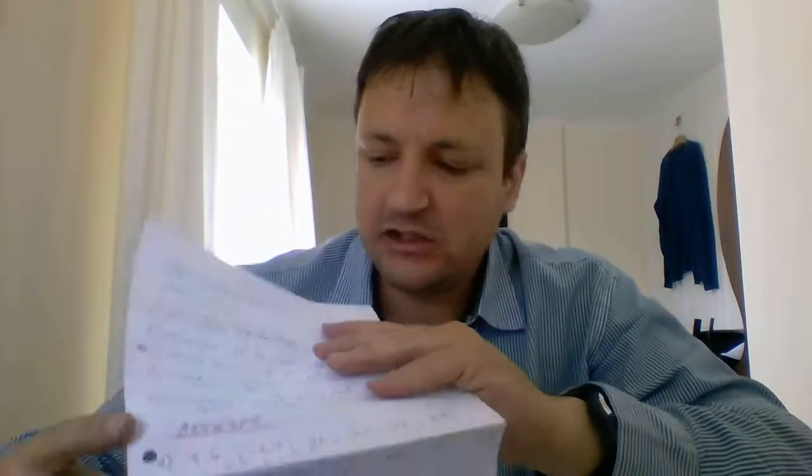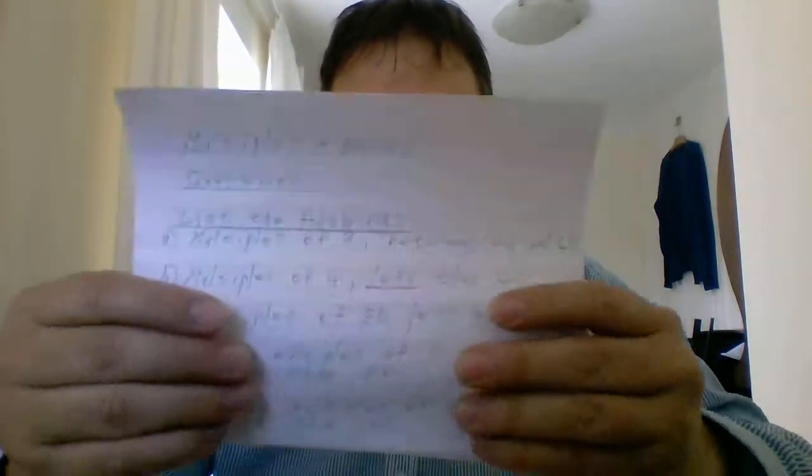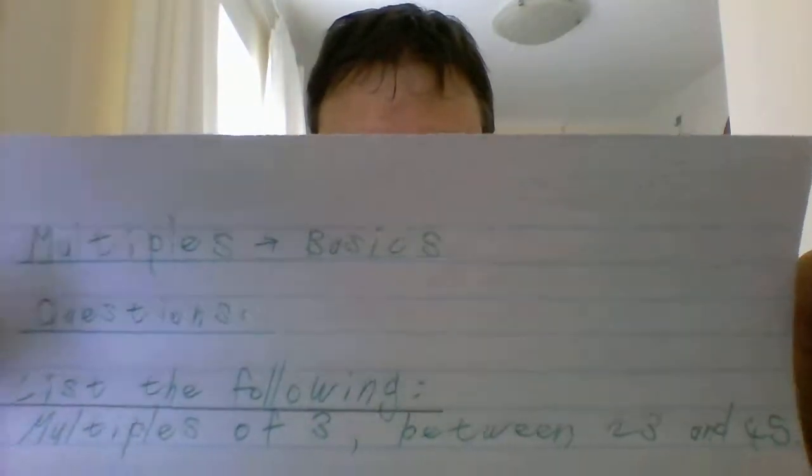But they specifically tell you less than 40. 40 is also a multiple of 4, but they say less than 40, so you do not include 40. So the answers are obviously 4, 8, 12, 16, 20, 24, 28, 32, 36, and not 40.